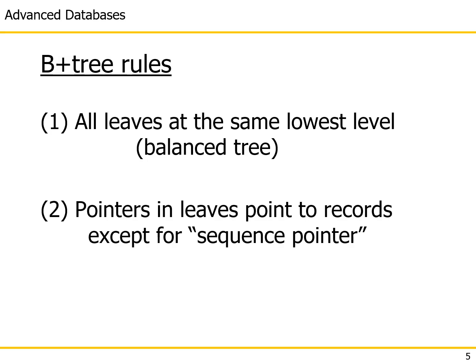Okay, so these two rules, the first one is related to balancing. This is a rule, which means it always has to be the case, and we will see how B+ trees achieve this rule, that all the leaves are at the lowest level, and it's the same lowest level. The second one is related to how we can actually use the B+ tree as an indexing data structure.